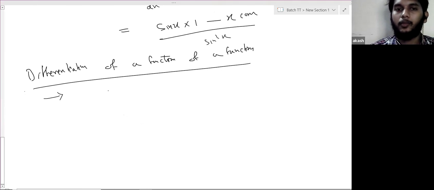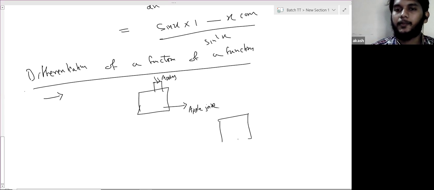If anybody doesn't know what that is, suppose Eman invents a mixer which, if you put apples, gives out apple juice. And Sahel invents a mixer which, if you put apple juice, gives out apple powder.